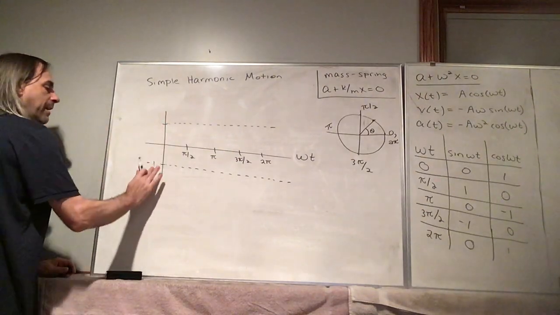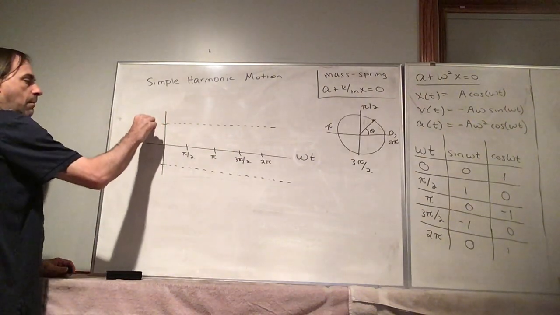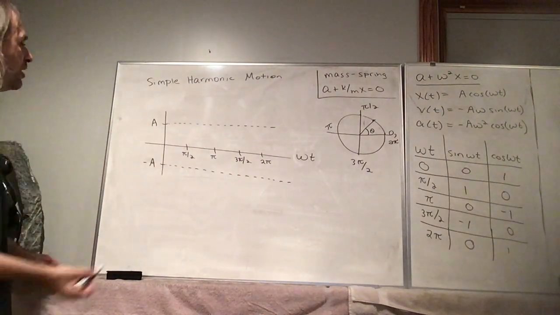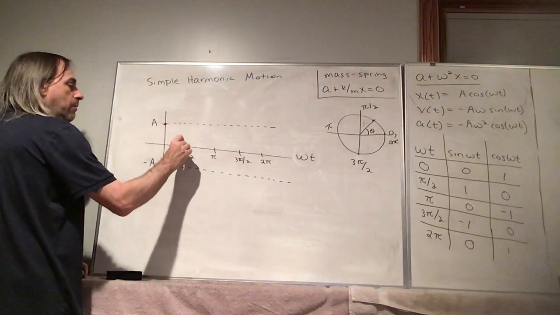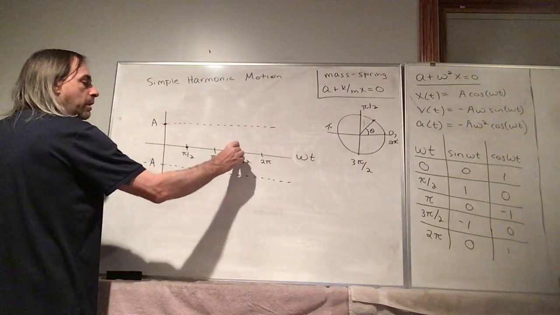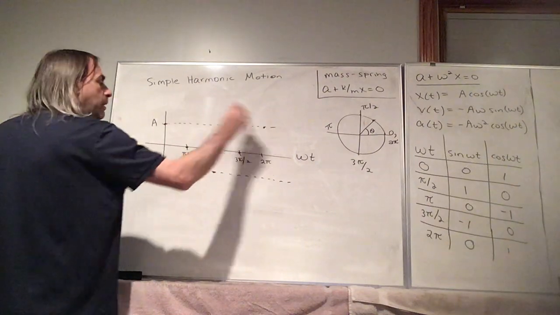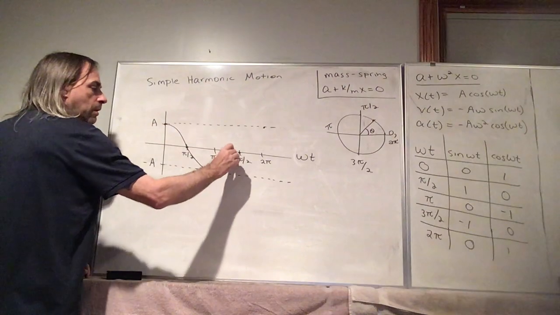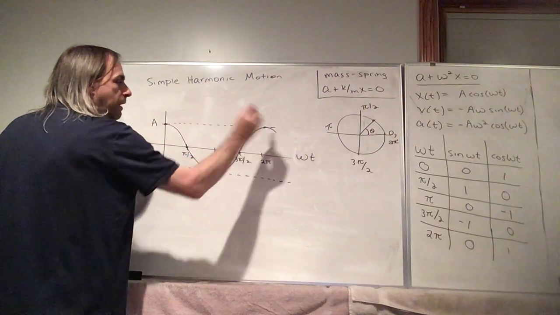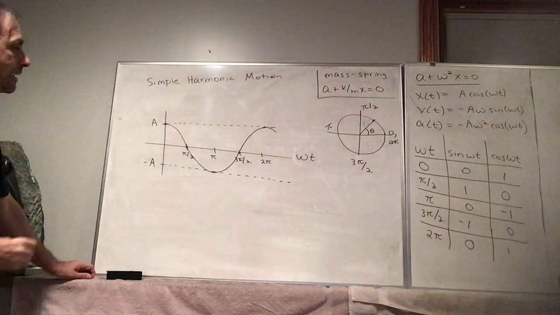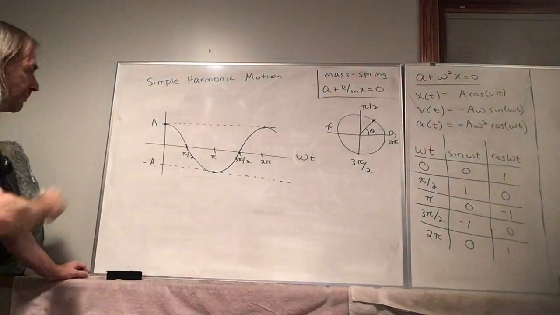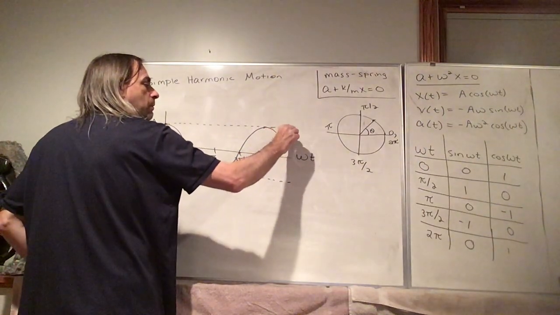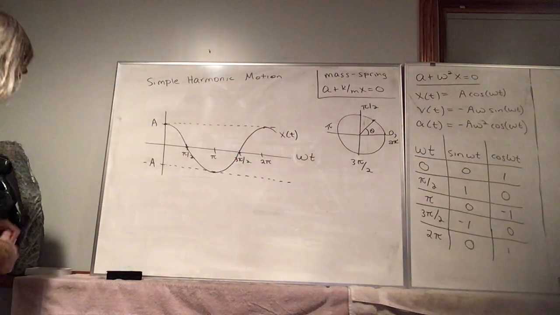Actually, I'm going to call this A and negative A. So if we're plotting position, we start at 1, and then we're at 0, and then negative 1. So just to get a fairly accurate plot, it's going to look like this, and then just repeat the exact same picture over and over again. Okay, so this is position as a function of time.